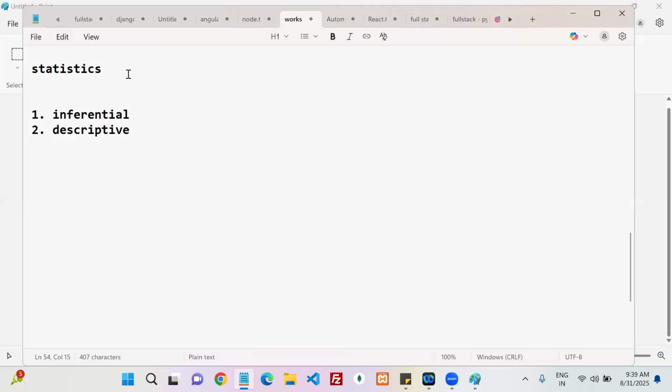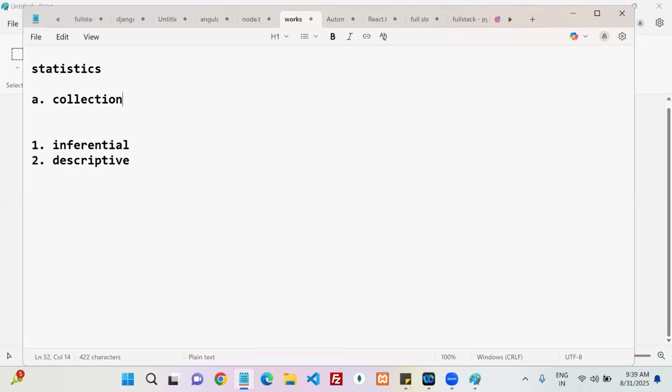Basically, statistics works with data only. First, wherever the data is, you have to do data collection. The next one is you have to analyze the data.